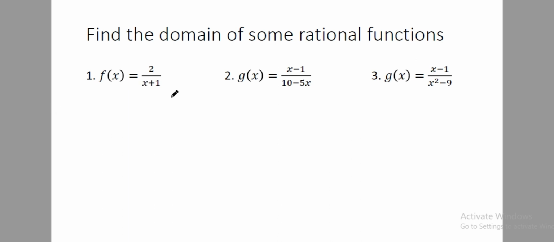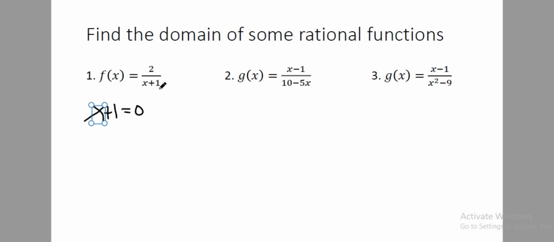Number 1, 2 over x plus 1. What is the value of x that when we substitute that value, the result here is undefined? So we'll start with x plus 1 equals 0. We will find the root of the denominator. So our concentration is on the denominator.